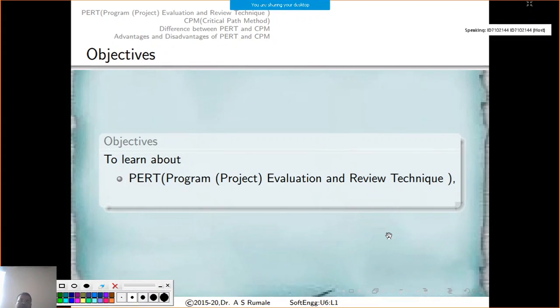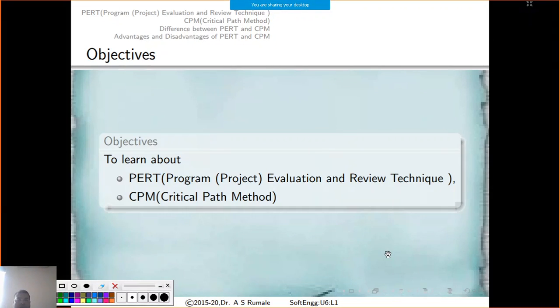We are going to learn very much about PERT, and then we are going to learn about CPM. PERT in yesteryears was called the project evaluation and review technique, because PERT was designed by the US Navy in 1957 to build military projects, dams, bridges, and other things while doing military operations.